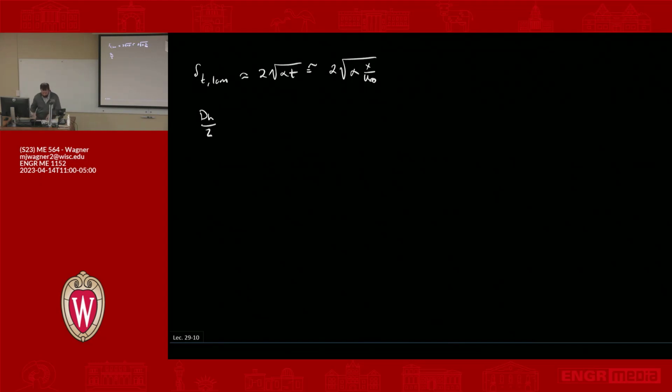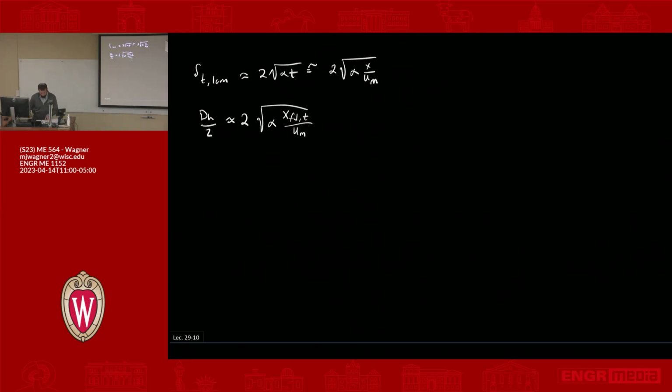And then that's equal to the right-hand side. So let's say that's approximately equal to 2 square root alpha, and we're trying to, again, solve for XFDT over U M. Sorry, this up here should be U M, the mean velocity.